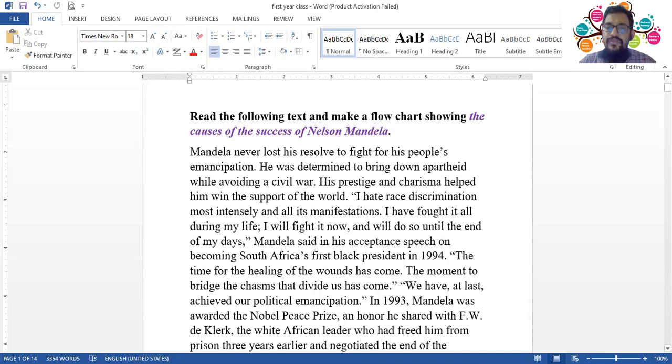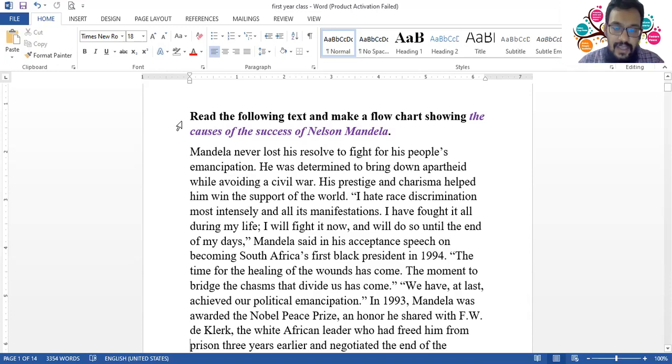So, what is our duty? Our first duty is to read the instruction properly. What is written in the question, we have to read it properly, because in that instruction you will get an idea on what topic you will have to prepare your flowchart.